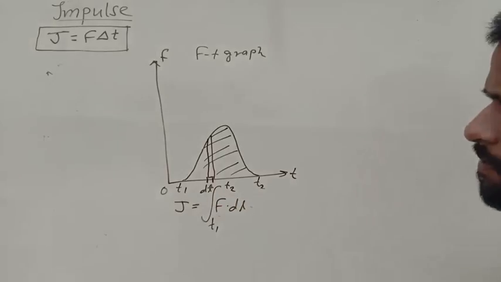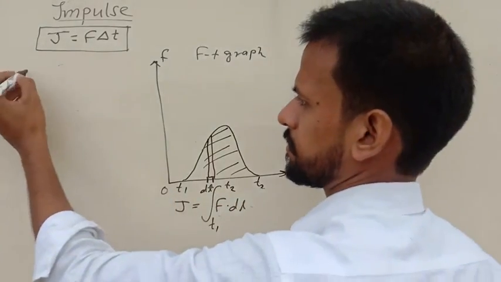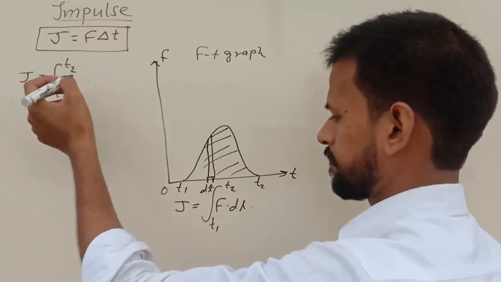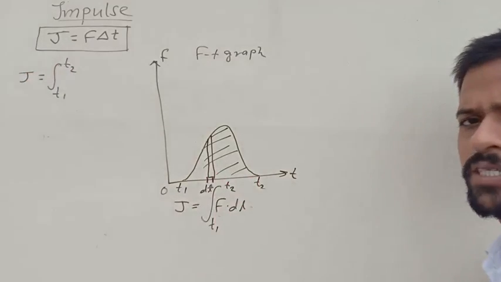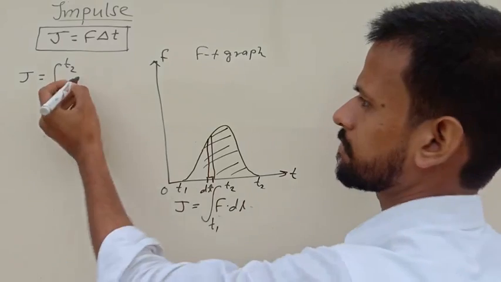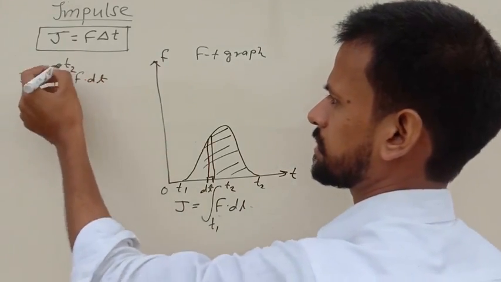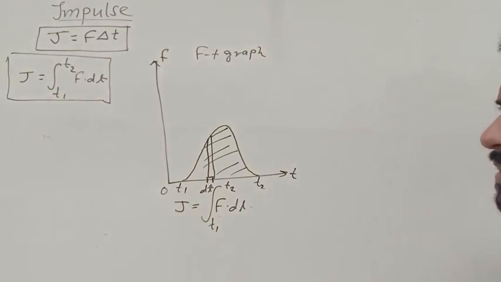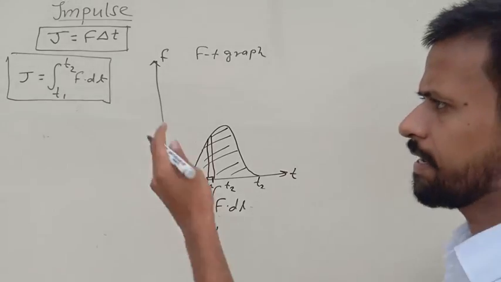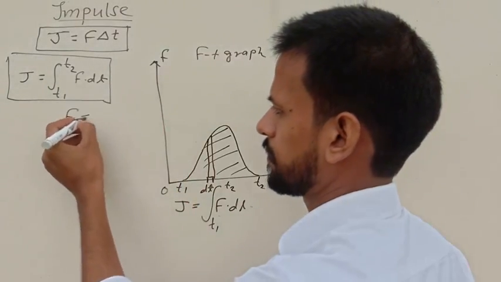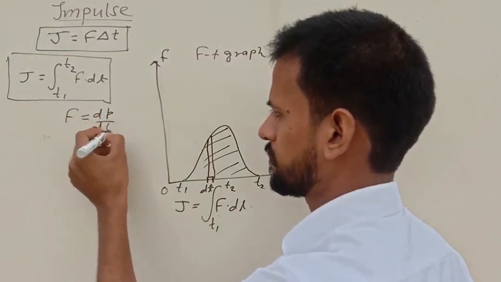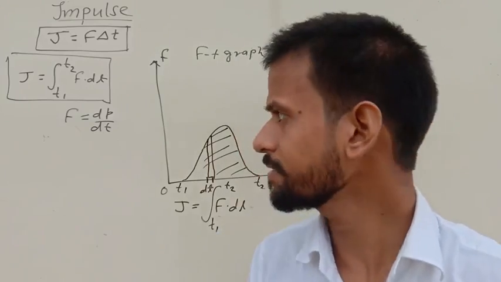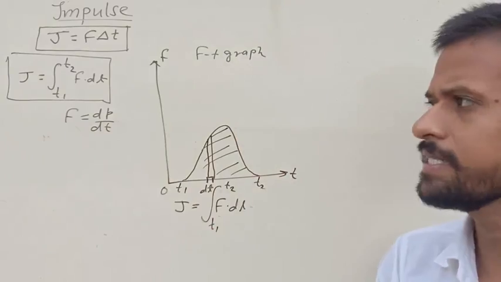So in integral form, impulse is basically integration T1 to T2, the interval of time on which force acted on a body, and this is equal to F dt. It's the impulse. Okay. Now we know that F is basically change in momentum per unit time, or rate of change in momentum, or in mathematics we write dp upon dt.